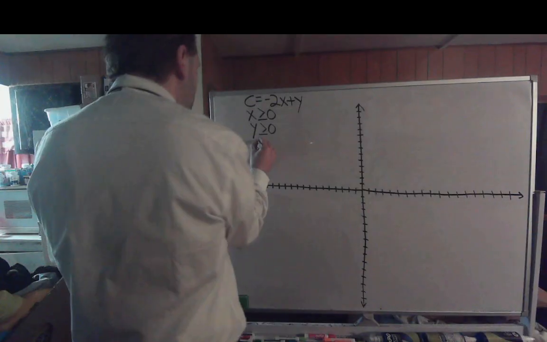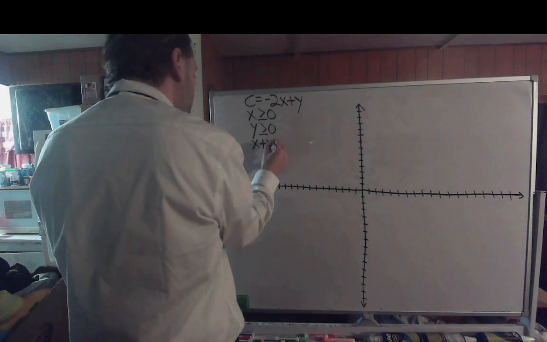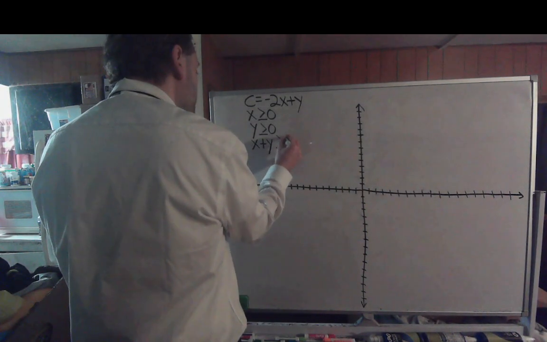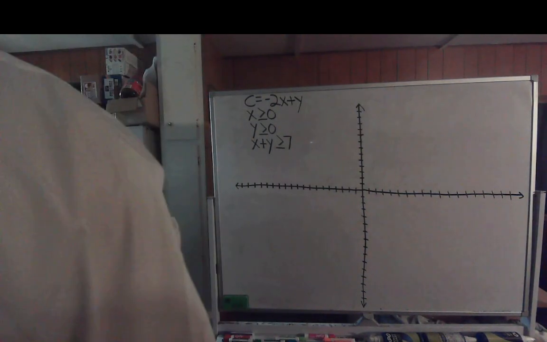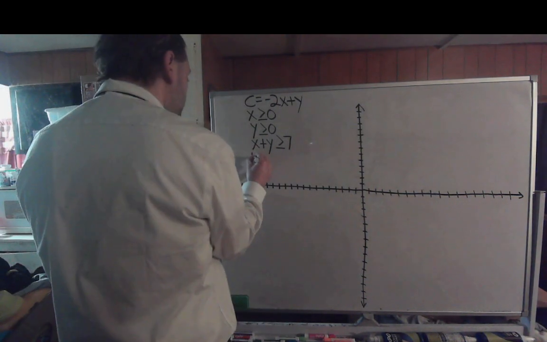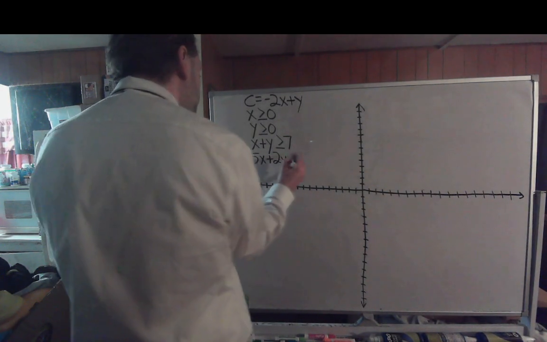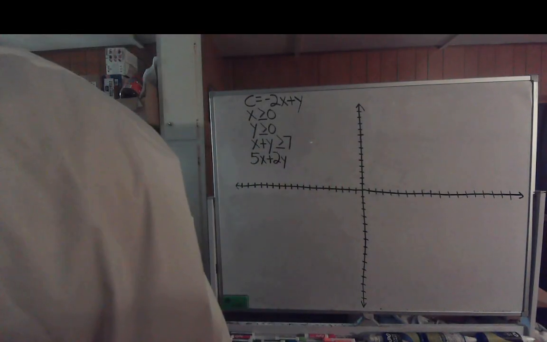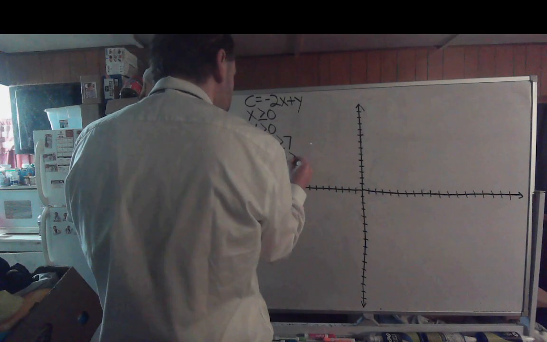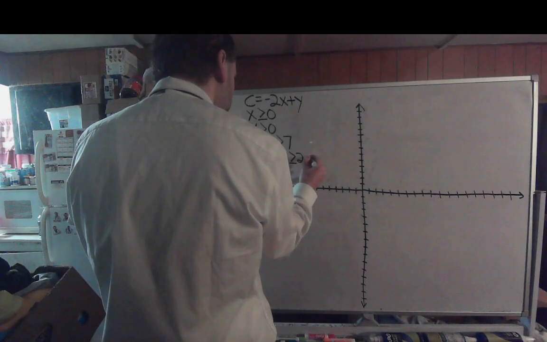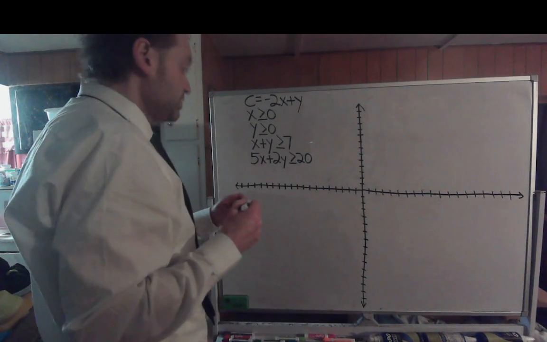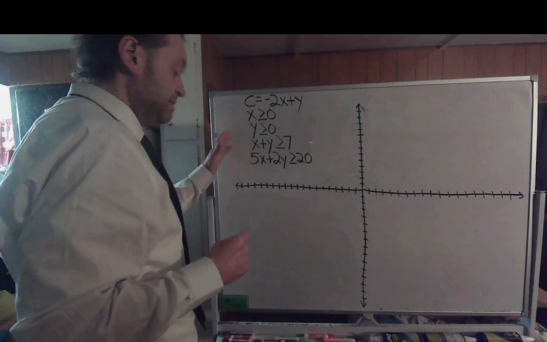We have x plus y is greater than or equal to 7. And then we have 5x plus 2y is greater than or equal to 20. So those are the 4 constraints against the objective function.